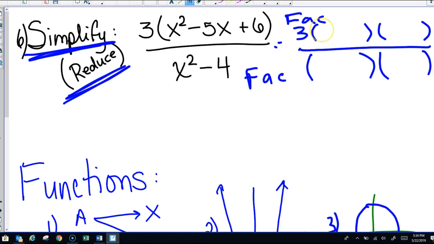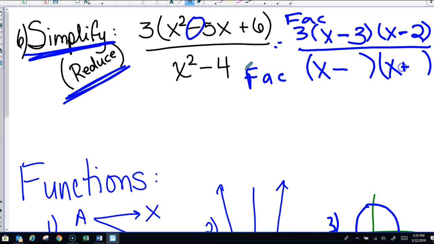Okay, so hopefully you got x and x. You had the same signs because the back was a plus, same as the middle. And then multiplying to be 6, adding up to 5. So we should have had the 3 and the 2, not a 6 and a 1. Down bottom, this is a difference of two squares. So you should have had the x minus and the x plus.